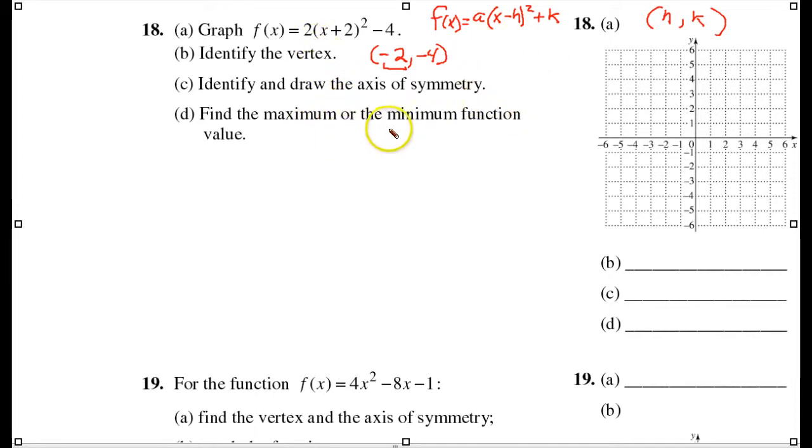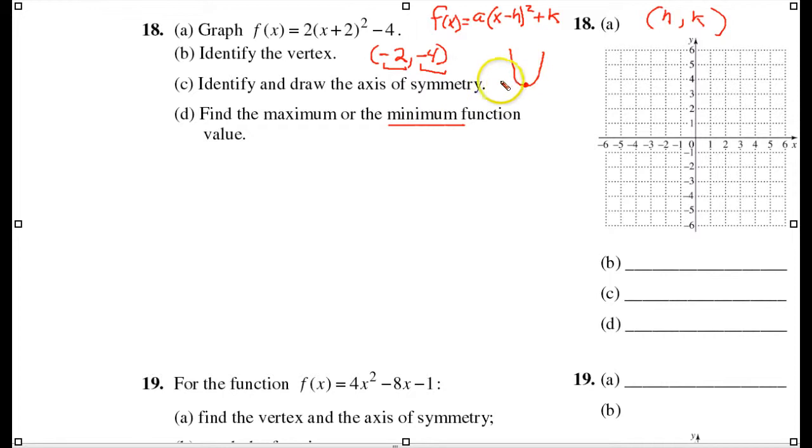In this case, it will be our minimum because our a term here is positive. When that is true, the parabola opens upward, so you end up with a minimum. And that minimum function will be negative 4.